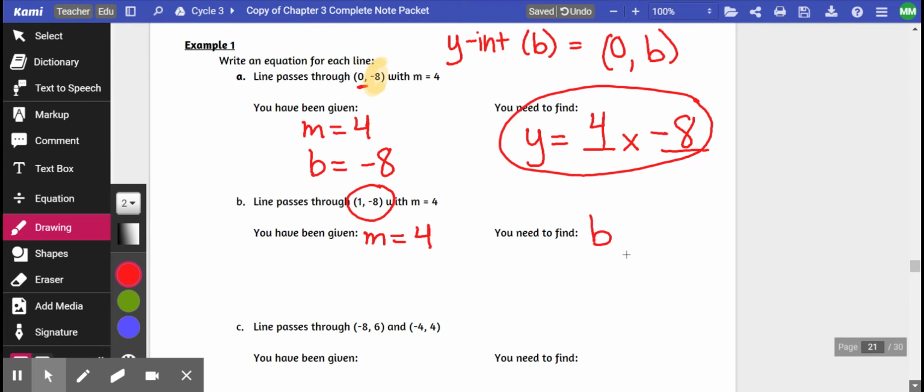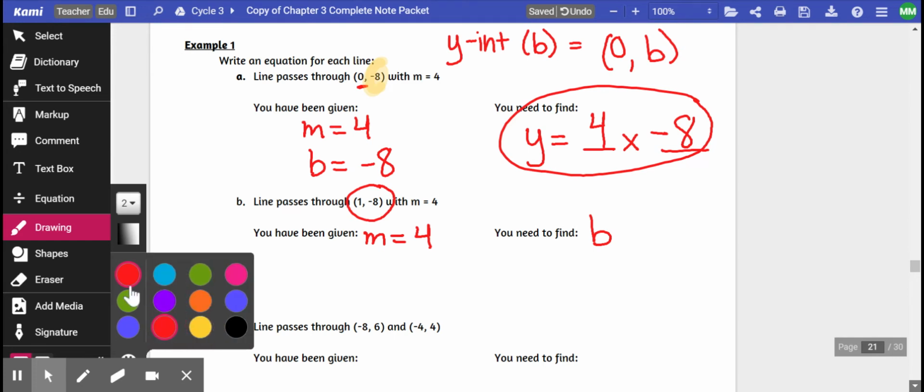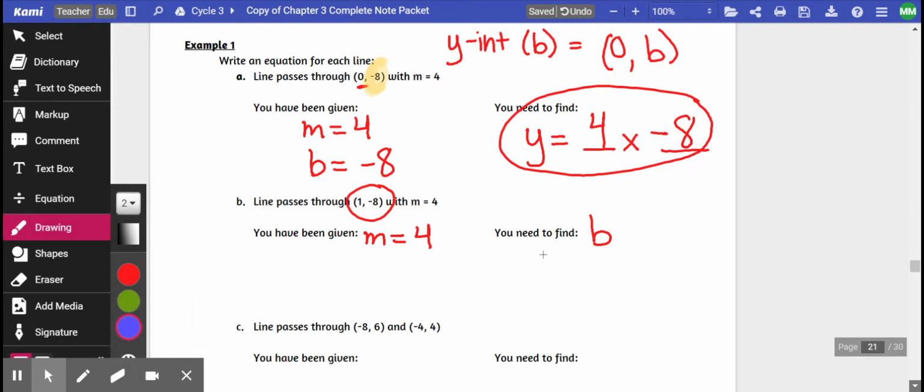If we are looking for our b value, we're going to plug everything into our equation. So we're going to plug what we have into y equals mx plus b. We have this as an x value, and this as a y value, and this is our m value.